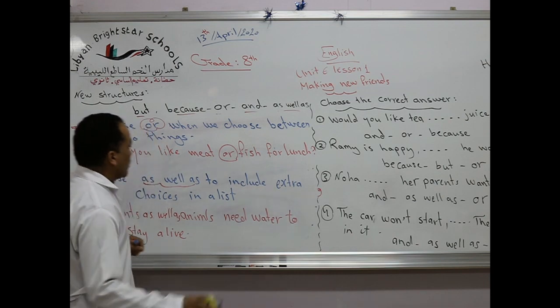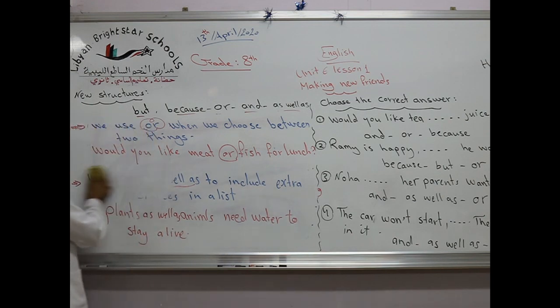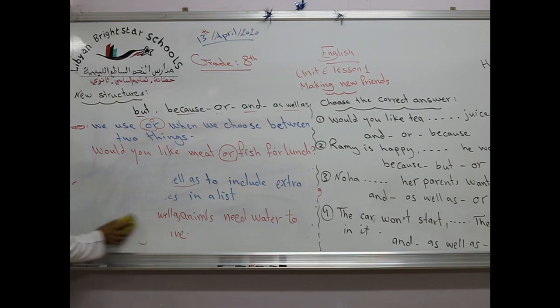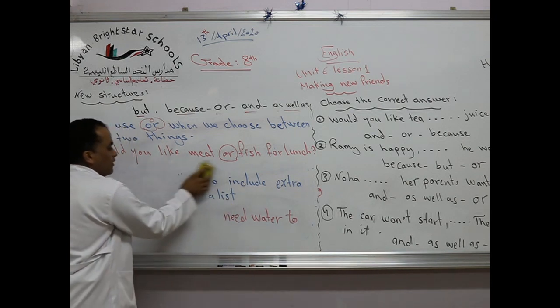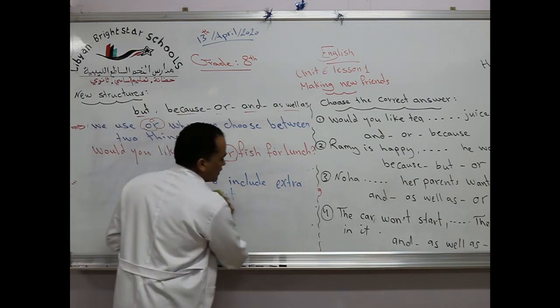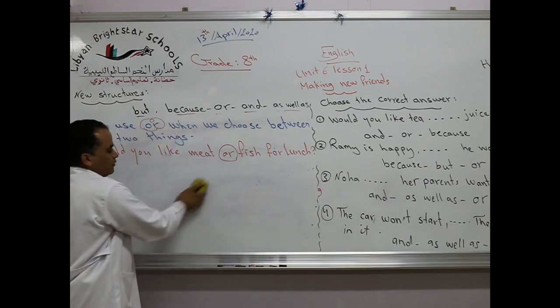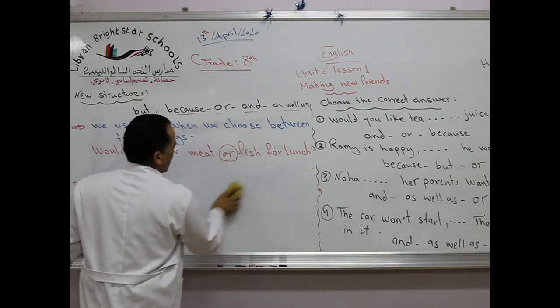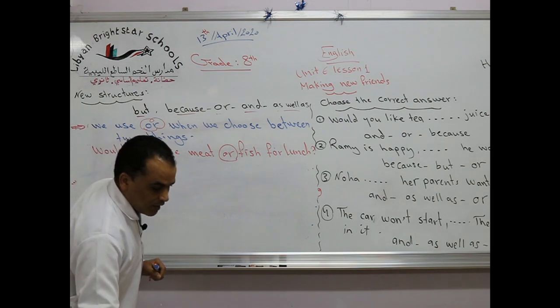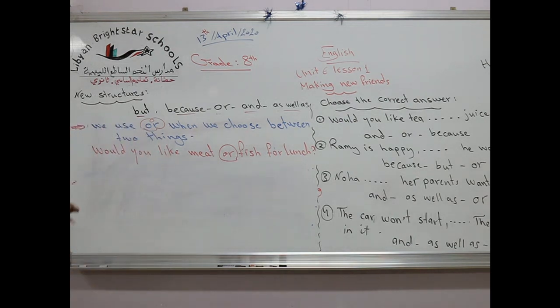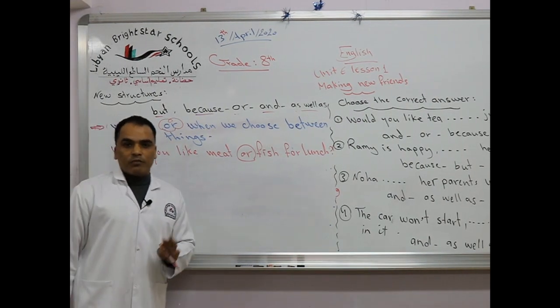What's the difference between as well as and and? We use all of them to add information, but what's the difference between them? The difference is that and must be followed by a plural verb.